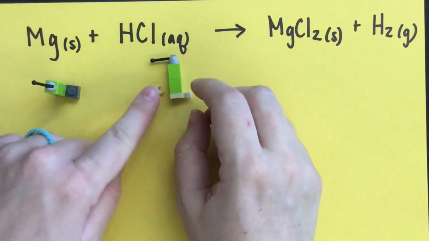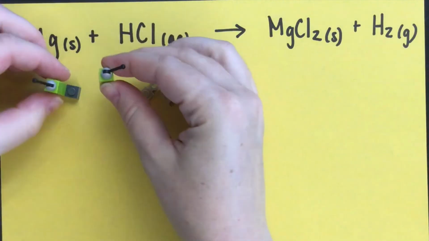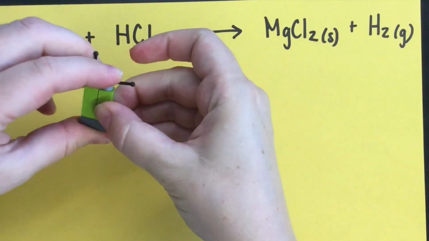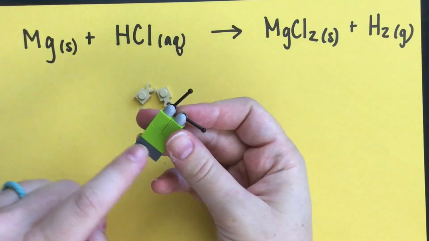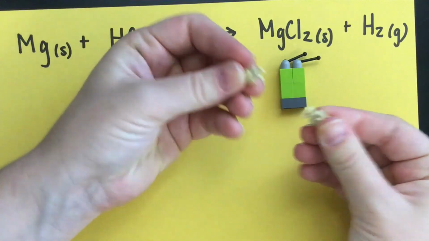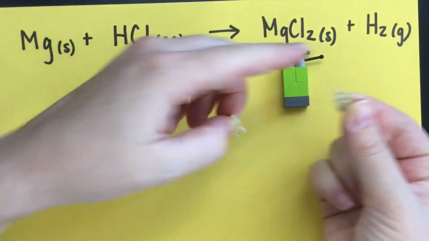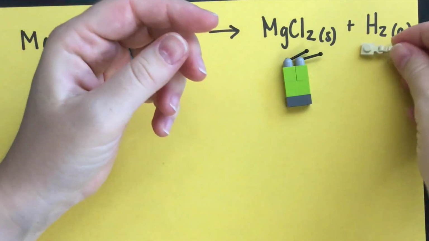So I have 1 more HCl, and those break apart. My chlorine attaches to my magnesium here, and now my magnesium valences are satisfied. That's my magnesium chloride here. And I have enough hydrogen to make the diatomic hydrogen elemental form, like so.